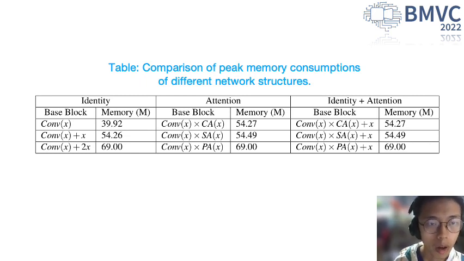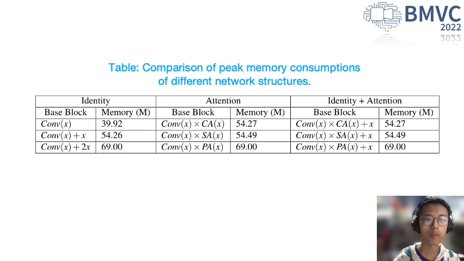Here is the table of our comparison of peak memory consumption of different network structures. The first column is the identity connection, the second is the attention mechanism, and the third is identity plus attention in the base block. We observe that as the branch number increases, the memory goes up by a constant scalar.